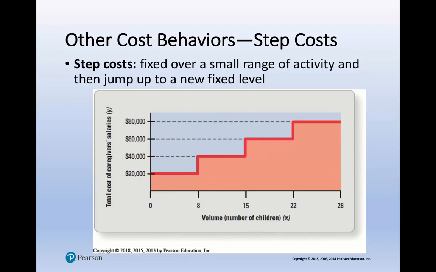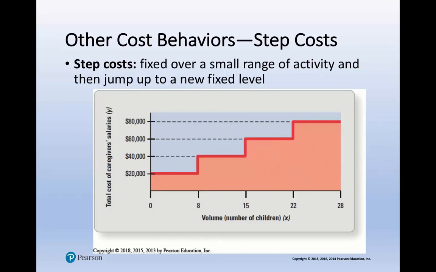And then again, after we've had a 5th child and a 6th child and a 7th child, those can just come in. But once we get to that next small range, that next threshold, we wait until we make sure we have enough revenue to cover that expense. So as we identify all these different cost behaviors, we can see where business decisions would have an impact on whether we bring on one more child.